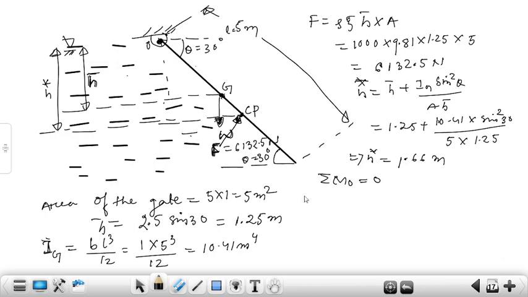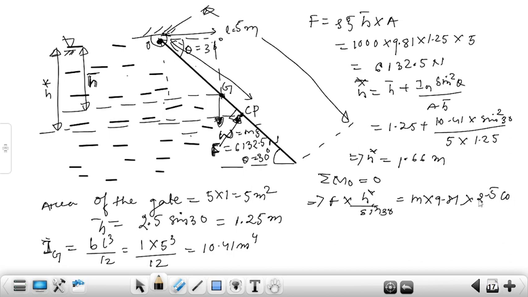Next we have to balance the moment about O point is equal to 0. So next, F into this distance, F is perpendicular to this, so F into h star divided by sin 30, which is equal to W, meaning mg, m is the unknown, and g is 9.81, and the distance is 2.5 cos 30.